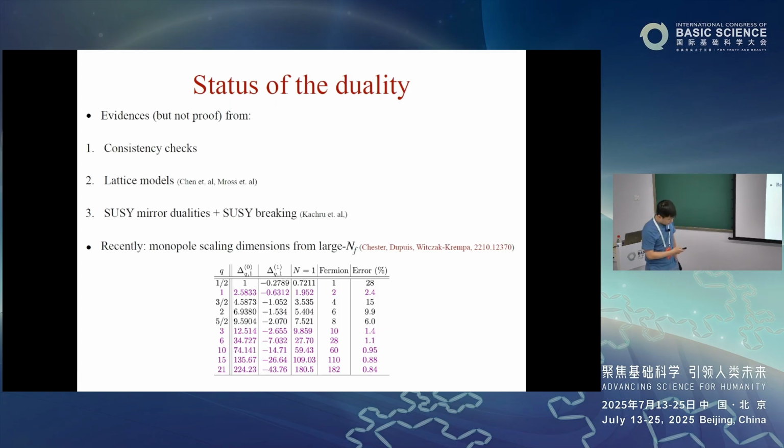When you do that extrapolation, the numbers you get seem to be suspiciously close to the numbers you expect from free Dirac theory. The error is within 1%.